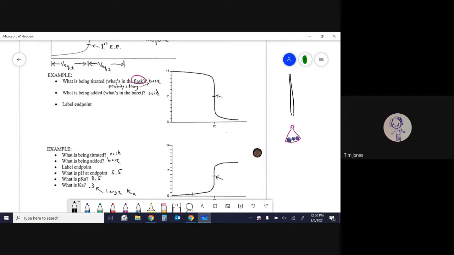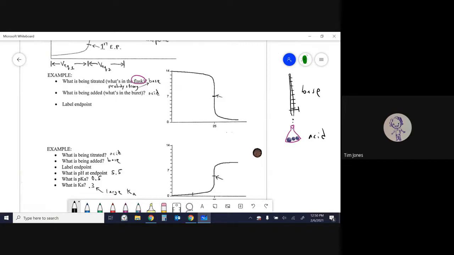The burette is a valve that we control, and it's got markings on it that tell us what the volumes are. We're going to add drops of stuff into it. The traditional setup is to have acid here and base here, but you don't have to do that.